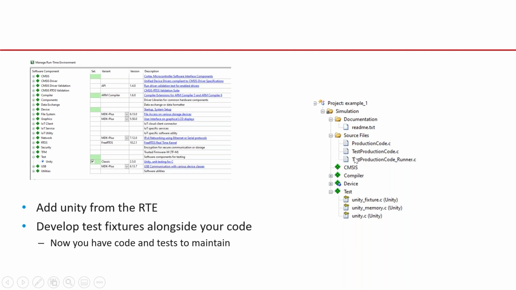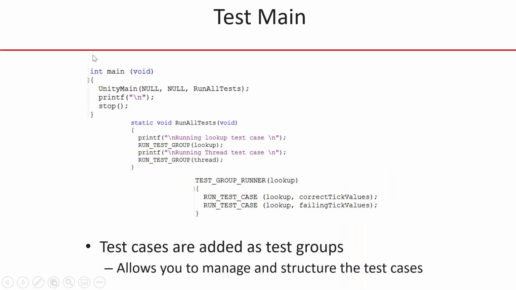Okay. So here, we could have main, we can call the Unity test framework. We then call run all tests, and we can then set up groups of tests for different modules in our code, and we can execute those. And then in each of our test groups, we can run groups of test cases.